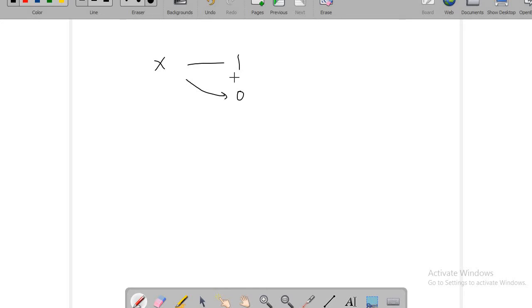It means if you get head, you get the value 1. If you get tail, you get the value 0. It means now your random variable is taking only two possible values, either 1 or 0. Or in other words, here you are interested in either success or failure, that's it.